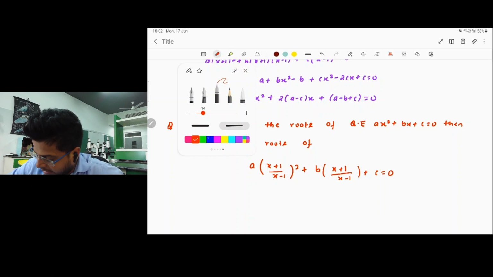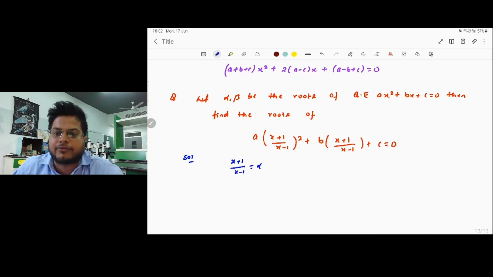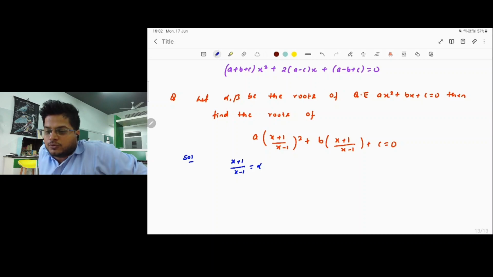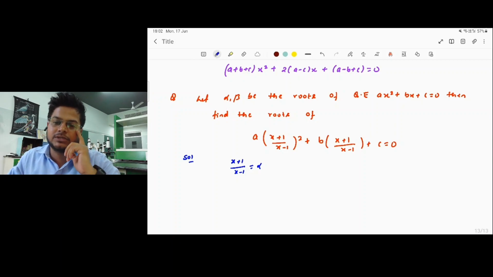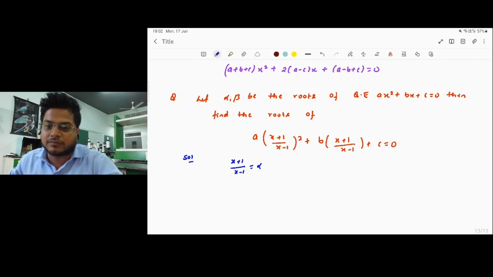Instead of solving the entire thing, I can simply say, when I'm trying to find the solution, I will directly write that (x+1)/(x-1) equals alpha. Meaning, for the roots of this equation, I can write (x+1)/(x-1) equals alpha. Why? Because this equation has been generated by replacing x with (x+1)/(x-1).